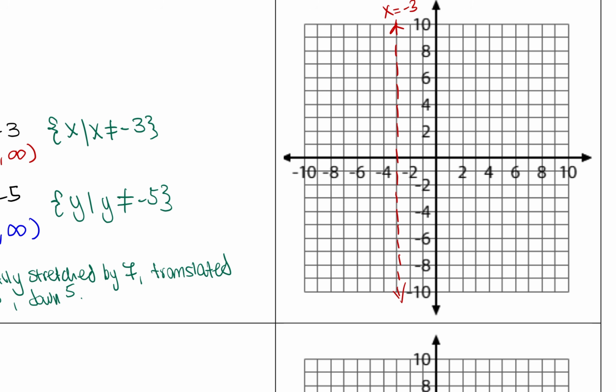We have a horizontal asymptote at y equals negative 5. Then we're sketching a hyperbola in quadrant number 1. This is a positive rational function, so we should have a hyperbola in quadrant 1 and in quadrant number 3 from the new vertical and horizontal asymptotes.